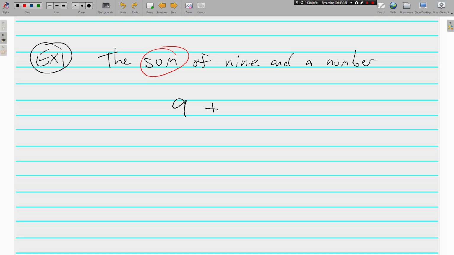Well, we're trying to make algebraic expressions, so instead of just picking a number, like 8 or 15 or negative 12, I'm going to use a variable. I can use x or n or k. It doesn't matter. But that number could be anything. So this is the algebraic expression, 9 plus x, for the verbal expression written above.